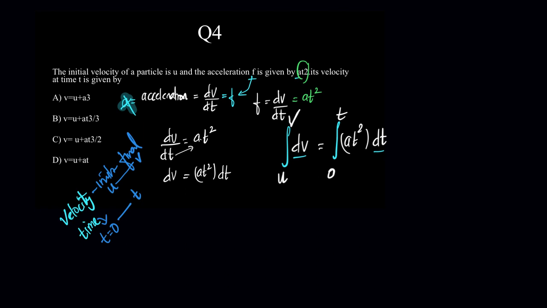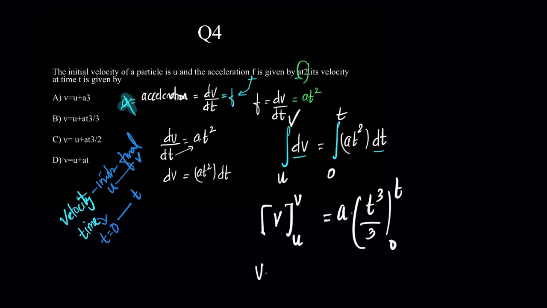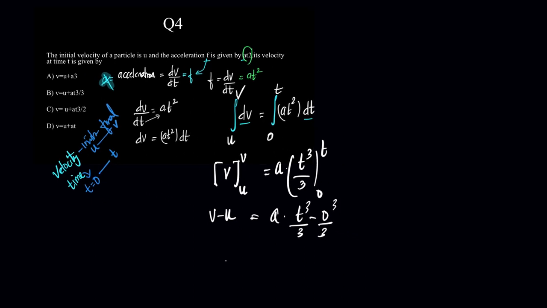What is integral of dv? Integral of dv is v, and the v will vary from u to v. What is the integral of a t square? a is a constant. Integral of t square is t cube upon 3, varying from 0 to t, which means upper limit minus lower limit, v minus u is equal to a into t cube by 3 minus 0 cube by 3, which further will be equal to v minus u is equal to a into t cube by 3.